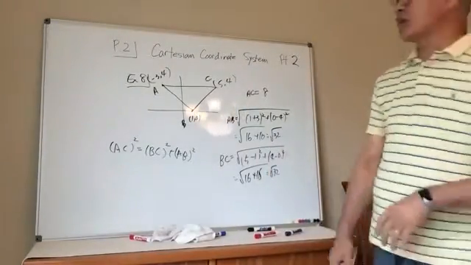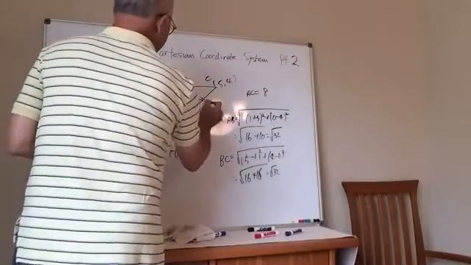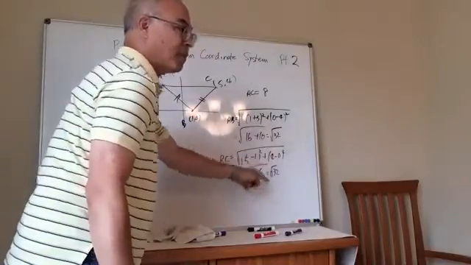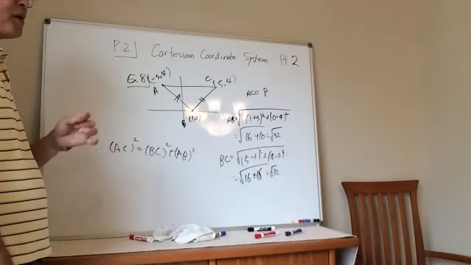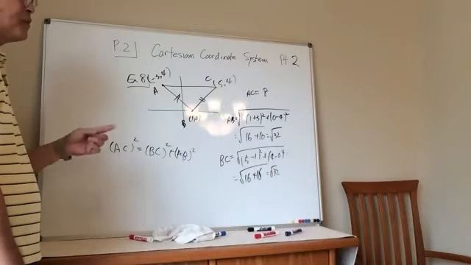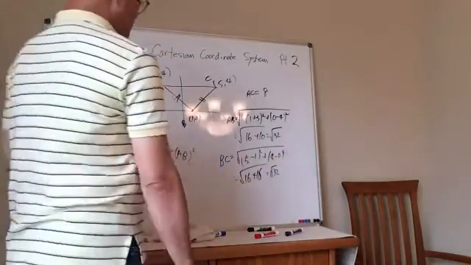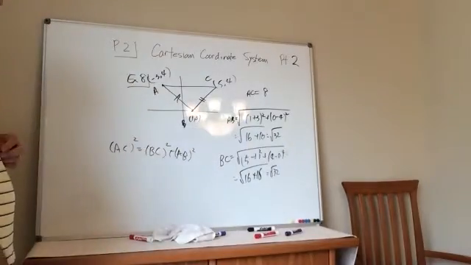It's called an isosceles right triangle because this length and this length are the same. These two are the same, okay? Quick reminder here. If I asked you on the test what was the length of AB, and you gave me this answer, you would not get full credit.